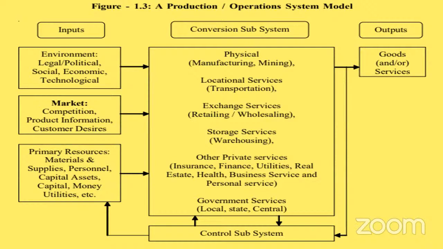The conversion efficiency is roughly given by the ratio of output to input, a term which is generally known as the productivity of a system. The formula for productivity is P equals O by I, where O is the output and I is the input. If you take this ratio, that is called productivity.